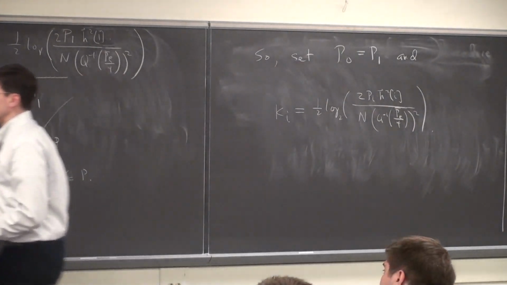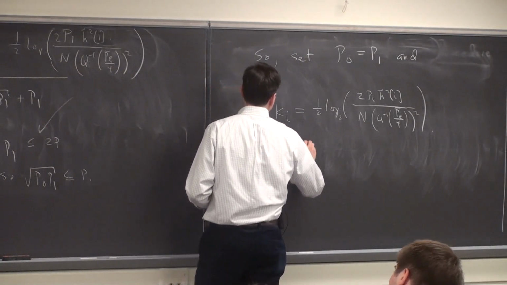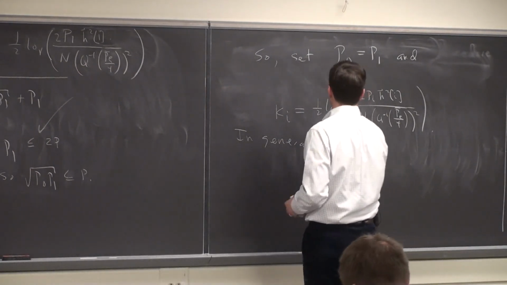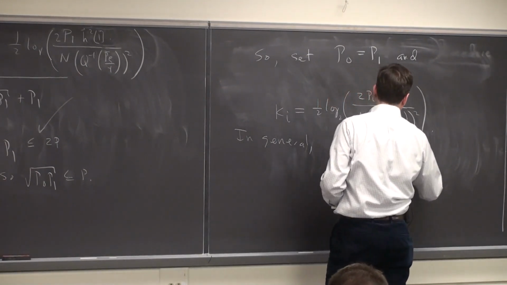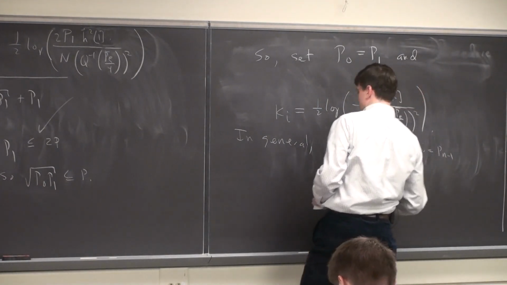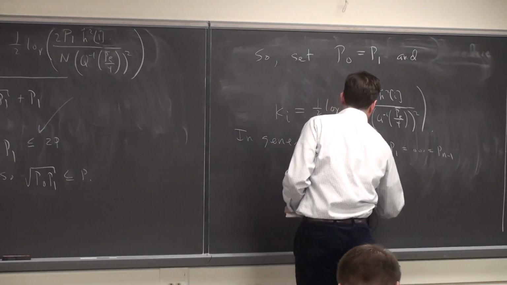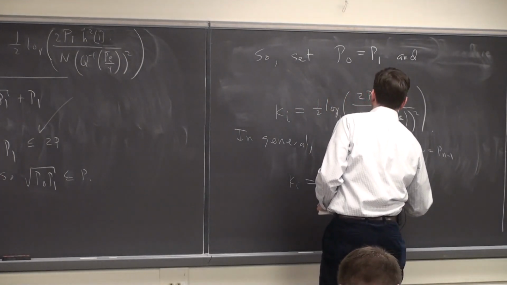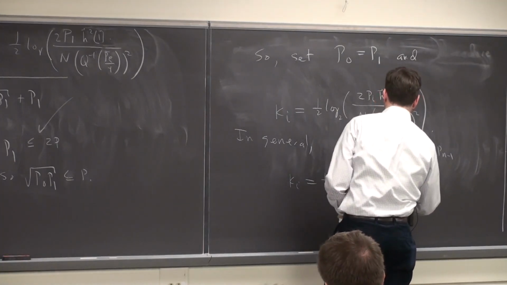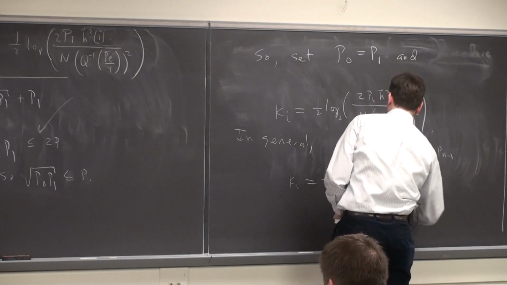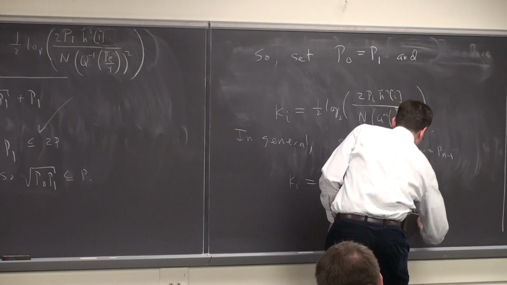That's for 2 in general. So for general n, set P0 equal to P1 equal to Pn minus 1, and Ki choose to be 1/2 log of n Pi h squared I over n, Q inverse of Pe bar over 2n.